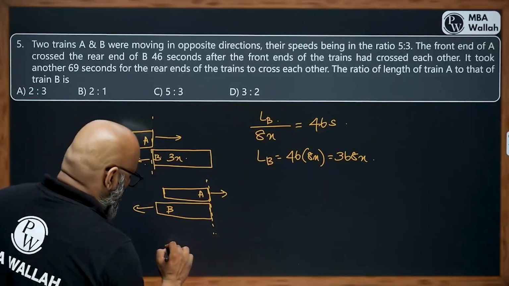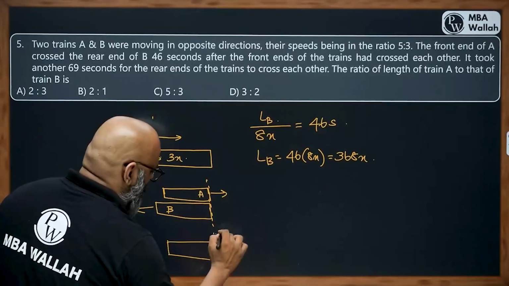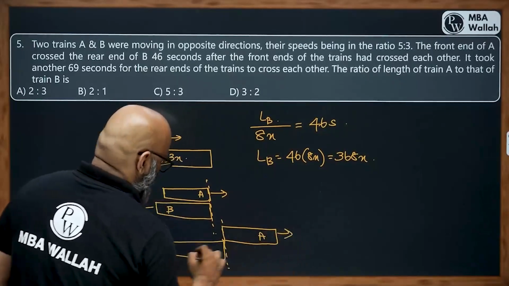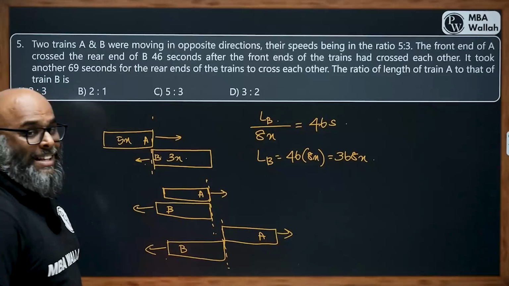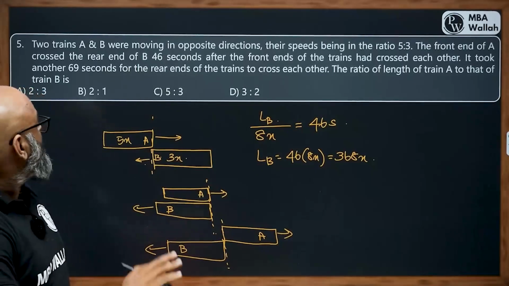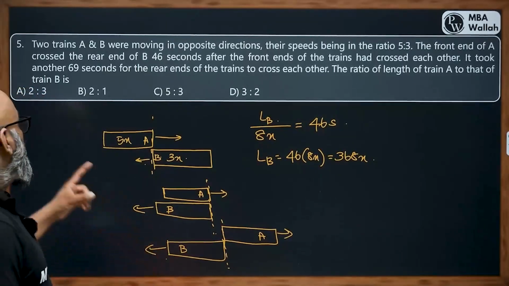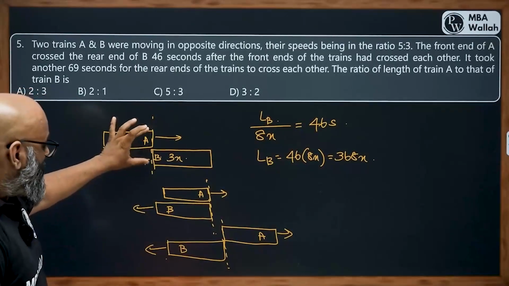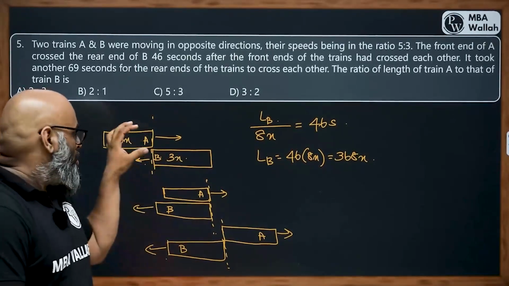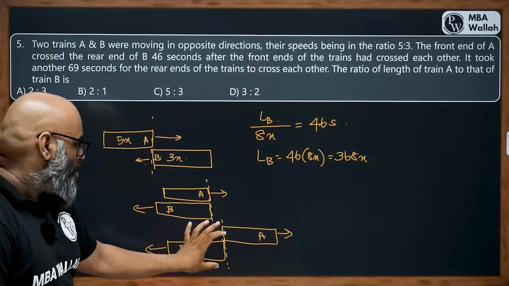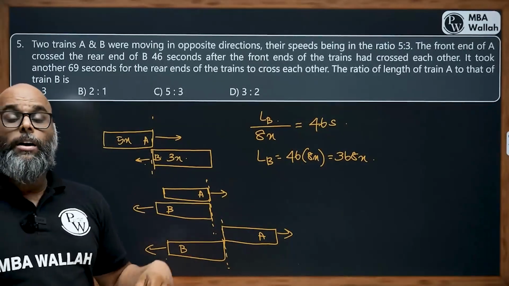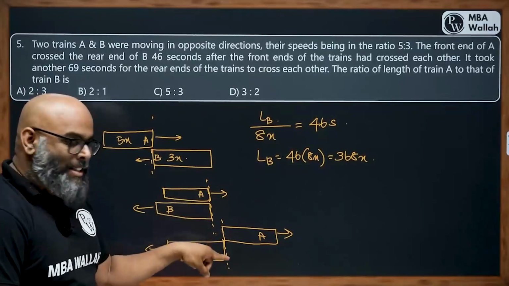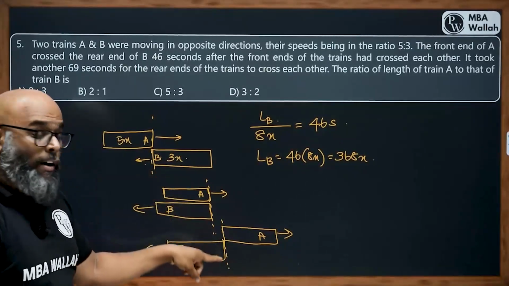It took another 69 seconds for the rear ends to cross each other. From this point it has gone to something like this. This is again A, this is B in this direction. It has taken another 69 seconds, or I can say it has taken a total of 115 seconds from this point to this point, the two trains' front ends meeting and the two trains' rear ends meeting. 46 seconds for this case, another 69 seconds for this case, or a total of 115 seconds.